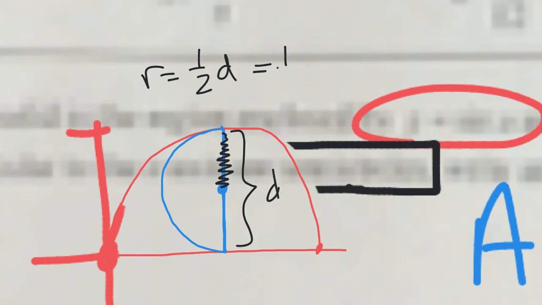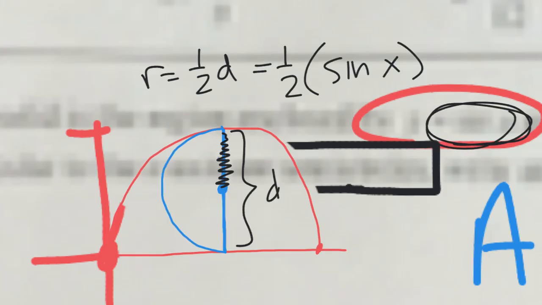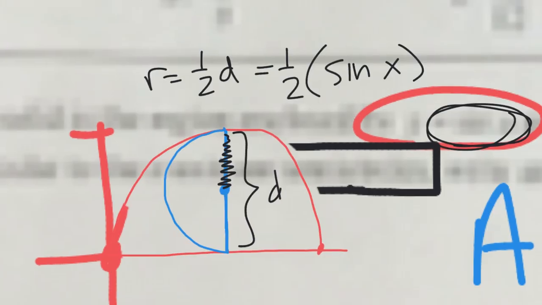And how do I find the diameter? Well, that's the sine of x. That's the y value for each of these potential x's. So the radius of my semicircle is 1/2 of sine x. That's the hard part, figuring out what my radius happens to be.